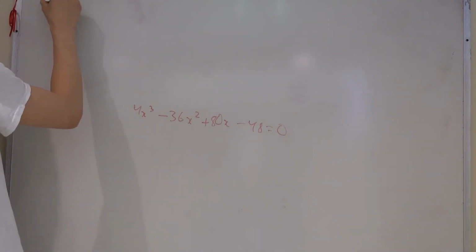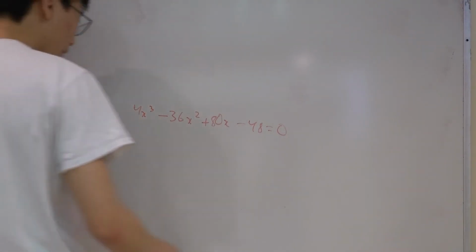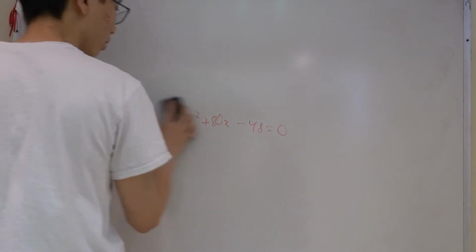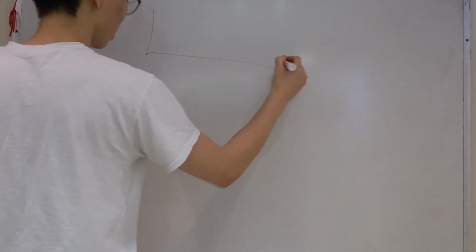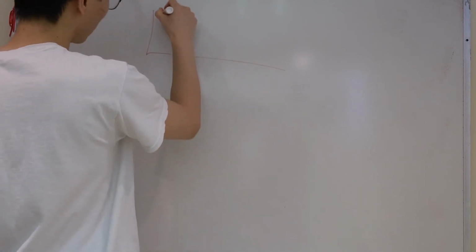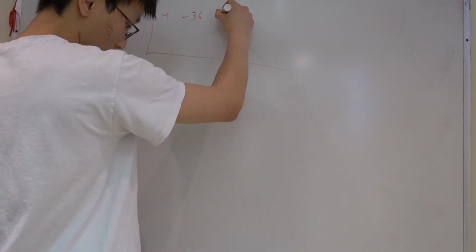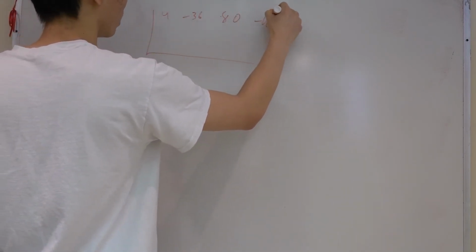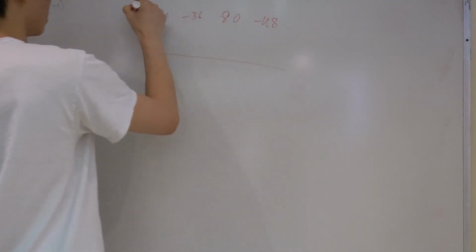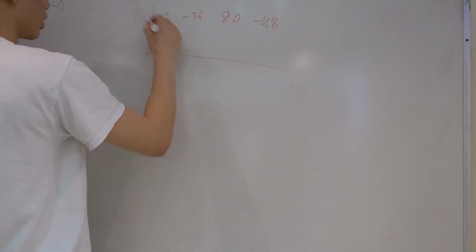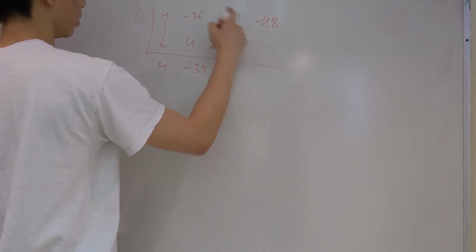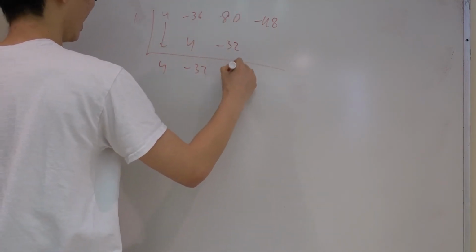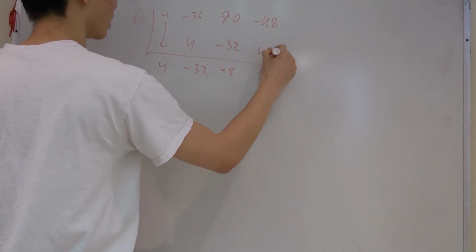Our first divisor is x minus 1. From here on out, it just becomes your standard problem for synthetic division. So I'm just going to rewrite the thing. It is 4, minus 36, 80, minus 48. And we're dividing by 1. Do your synthetic division. I'll do mine really quickly. Minus 32, minus 32. This becomes 48, and 0.